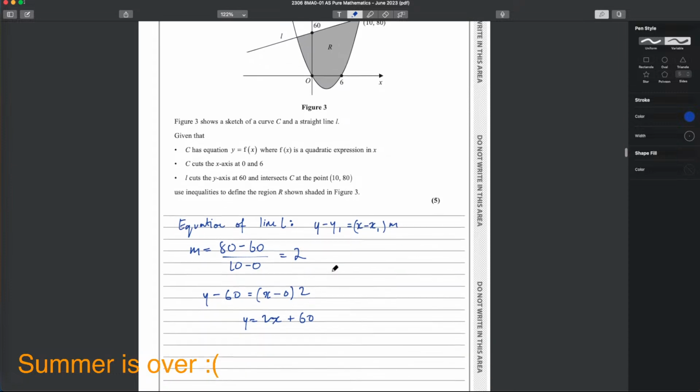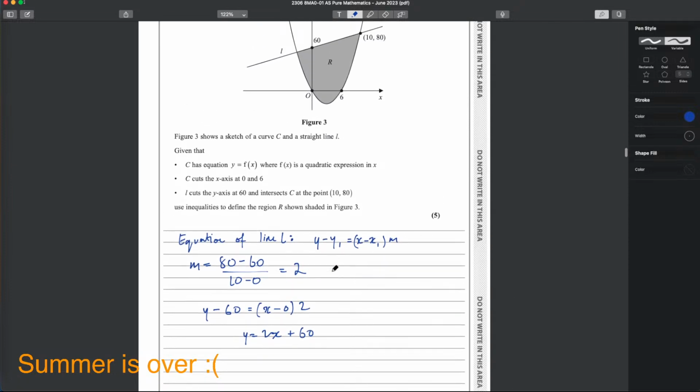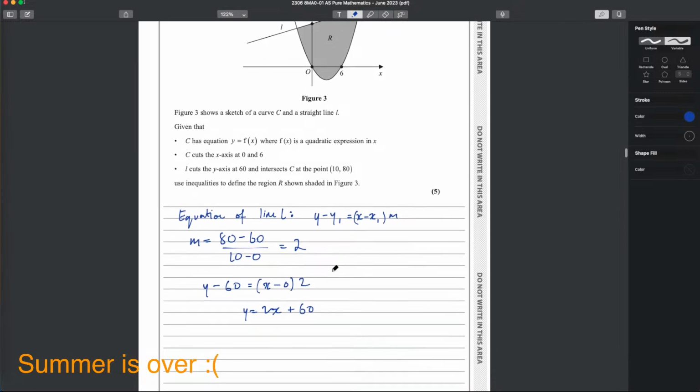We have roots at 0 and 6. So x times (x minus 6) equals 0 would give us those roots at 0 and 6, right?